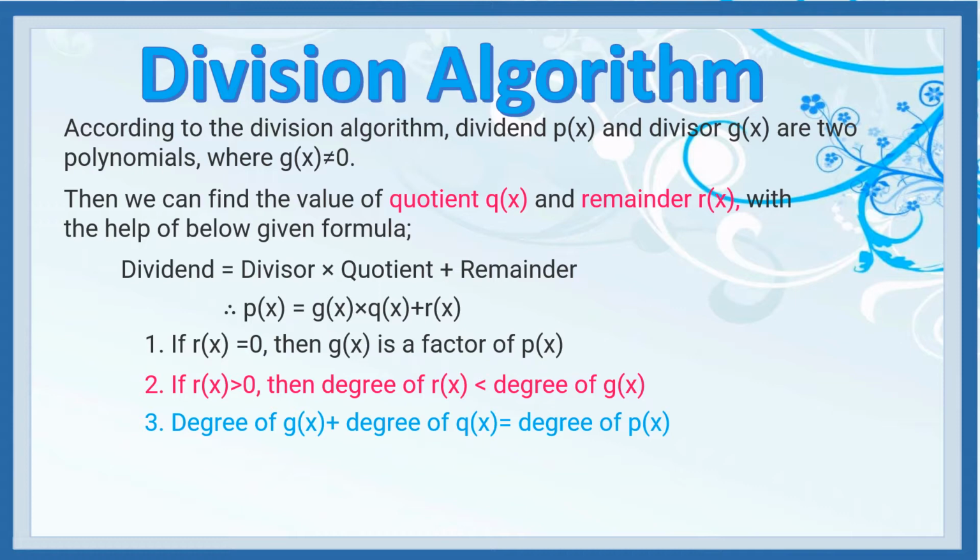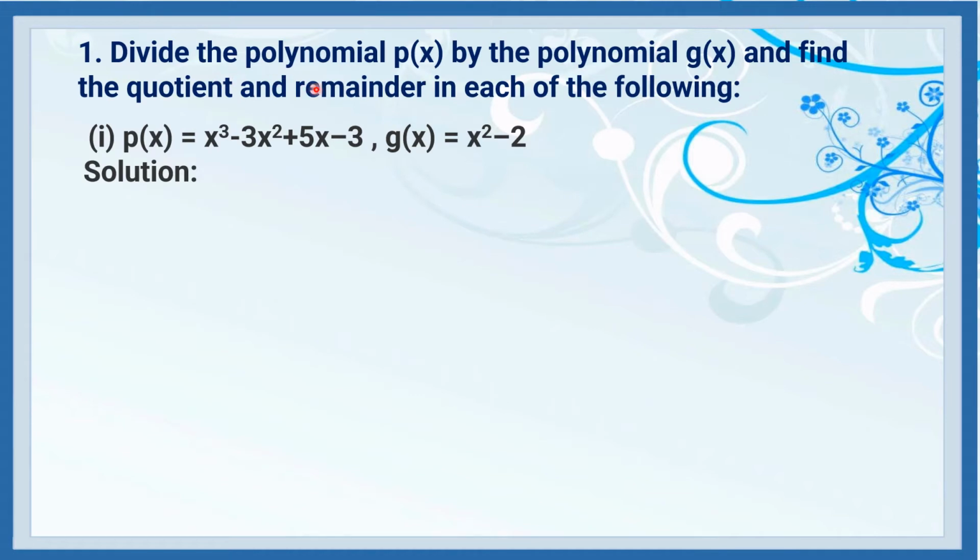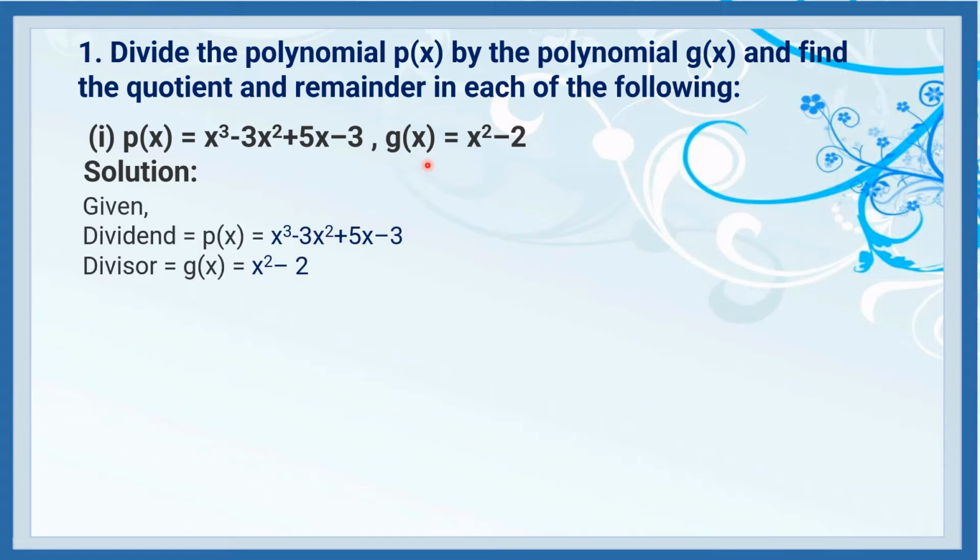Now let us see the first. Divide the polynomial p of x by the polynomial g of x and find the quotient and remainder. Let us divide p of x by g of x.